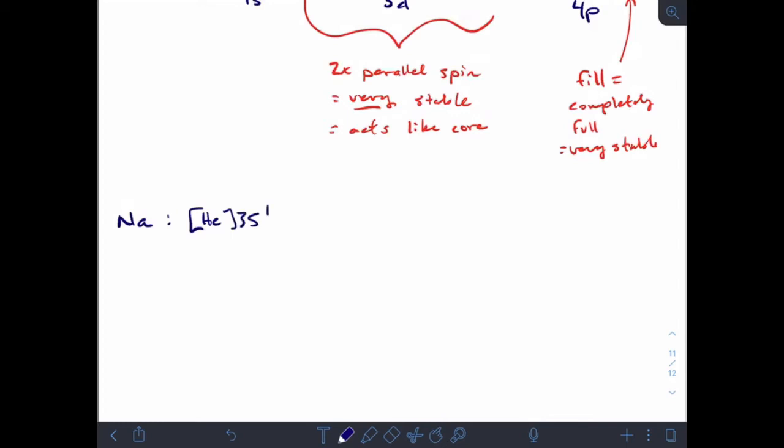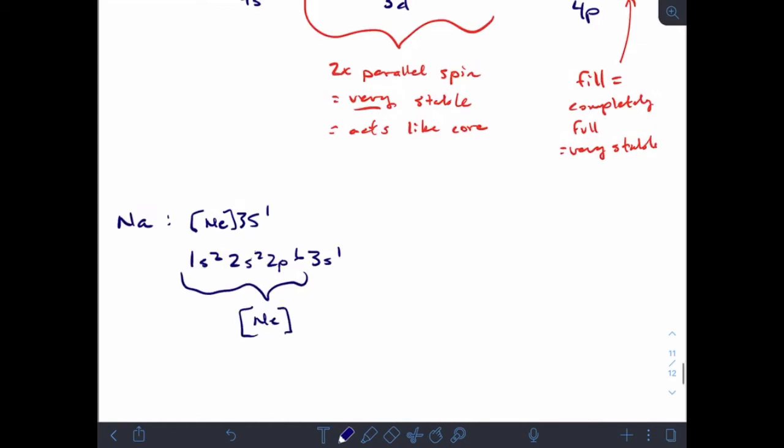Or to expand that so that I can draw it more clearly, I have 1s2, 2s2, 2p6, 3s1. And excuse me, it's not helium, it is neon. My mistake. So this part right here, that's the neon.